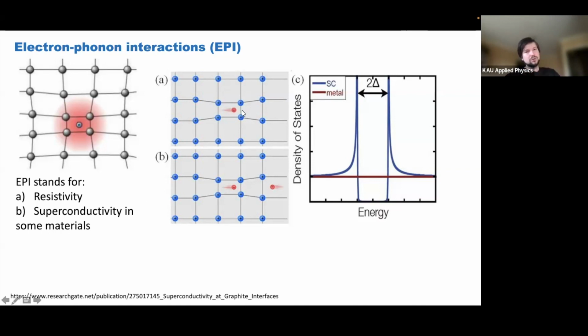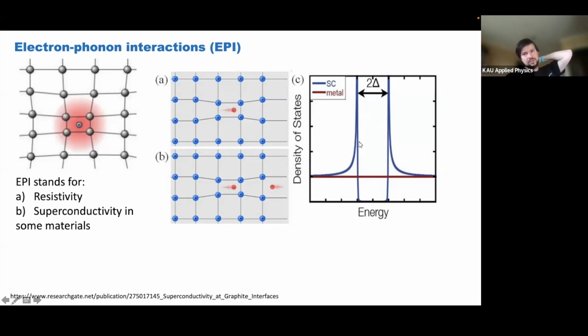Then this perturbation goes through the crystal and interacts with another electron. At very low temperature, below the critical superconducting temperature, we get Cooper pair formation. So these electrons can bond into a Cooper pair via the electron-phonon interaction.